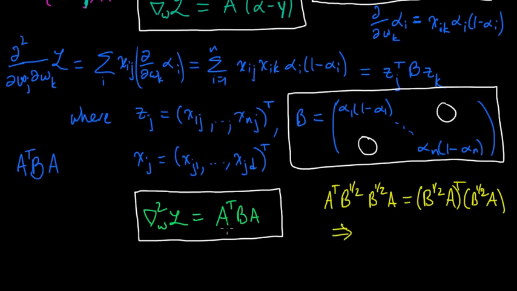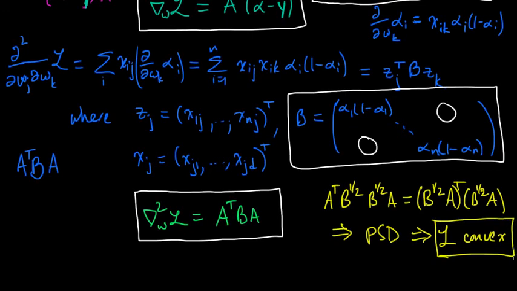And so that implies that this Hessian is positive semi-definite, and therefore L is convex. That's a very nice thing. It's not necessarily strictly convex, because the Hessian is not necessarily positive definite, but at least it's convex, and that makes it a prime candidate for optimization methods.